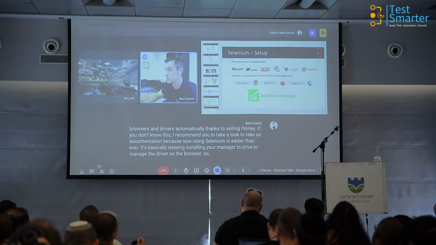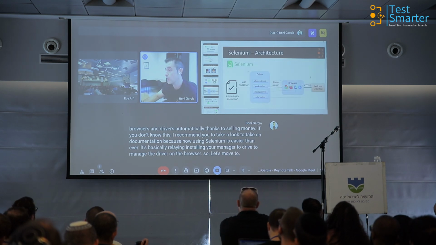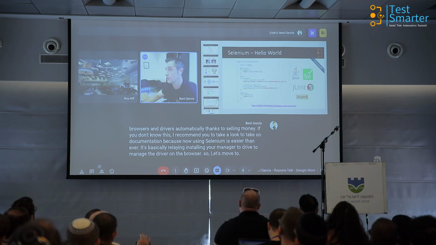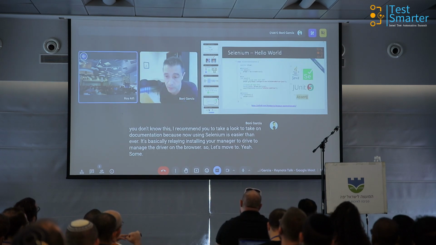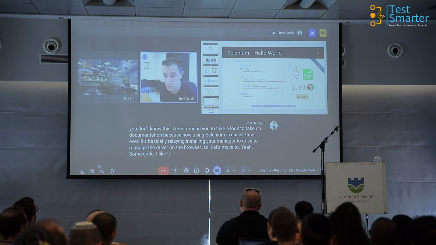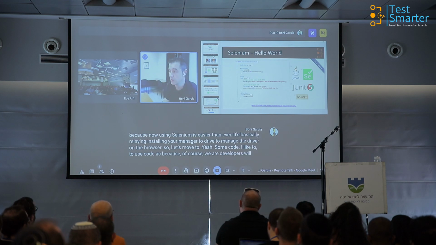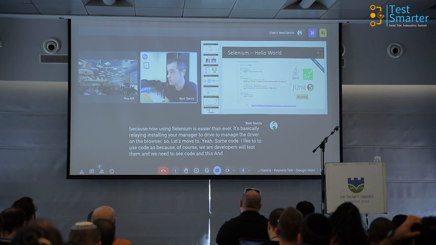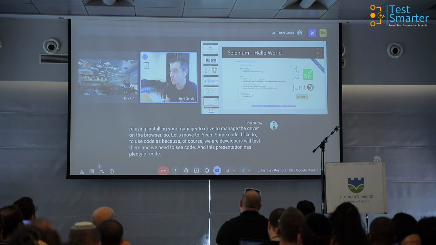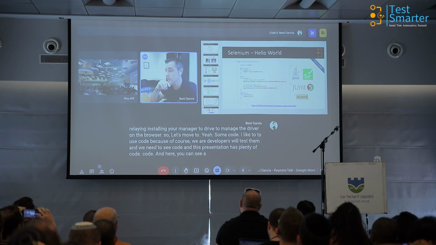So let's move to some code. I like to use code because, of course, we are developers, we are testers, and we need to see code. And this presentation has plenty of code. And here you can see a hello world in Selenium.